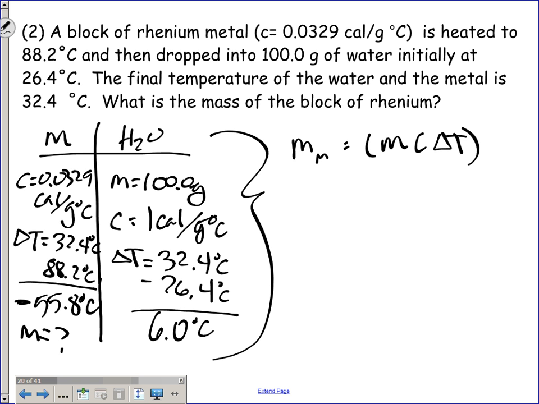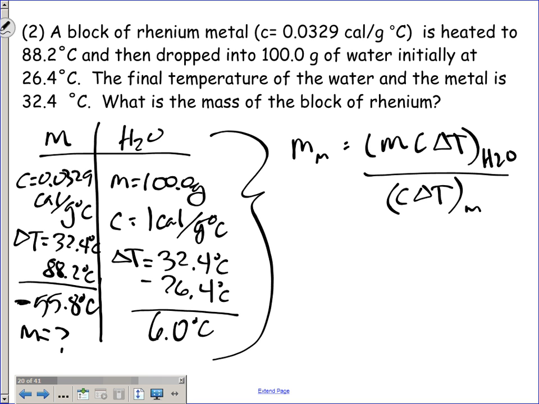This is referring to what then? All of this. The metal or the water? That's the water. Right, all of this information is referring to water, because we have 2 M's, 2 C's, and 2 delta T's. It's important to know which one you're talking about. So that's water divided by the metal, right. Okay.